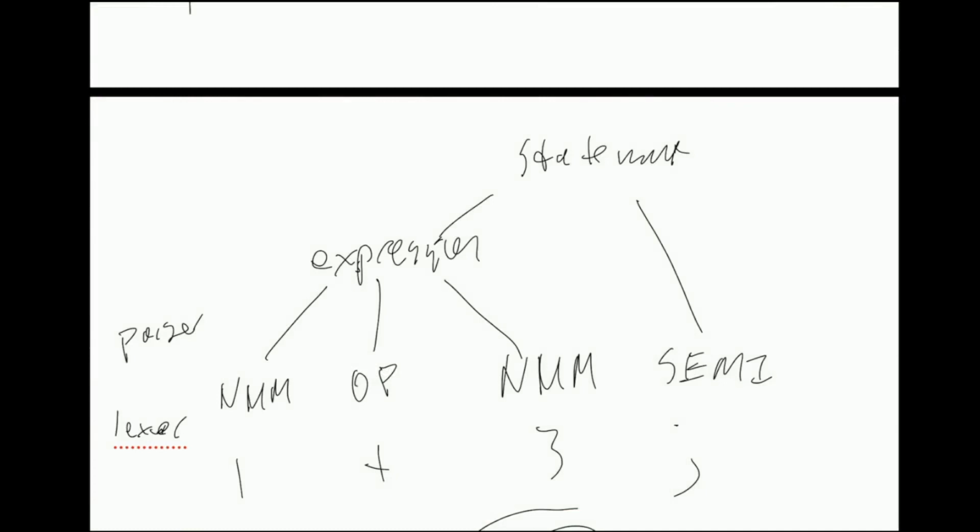Yeah, question? So is the word semicolon already built into Bison? No, it's not. We defined it as part of our language. It's the lexer that defines it. So let me write this again so I can diagram this a little bit.